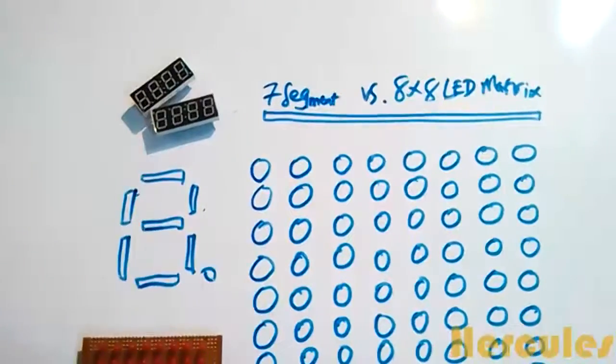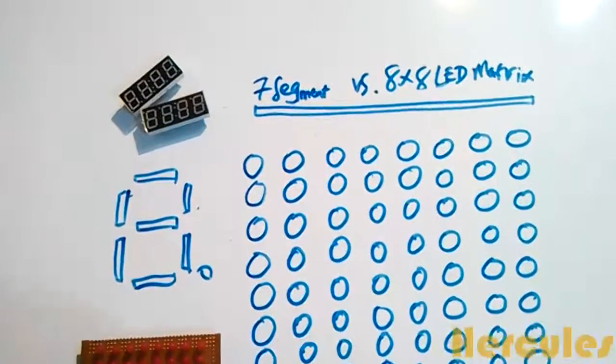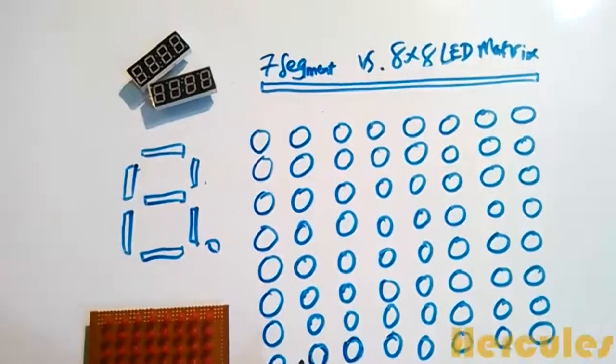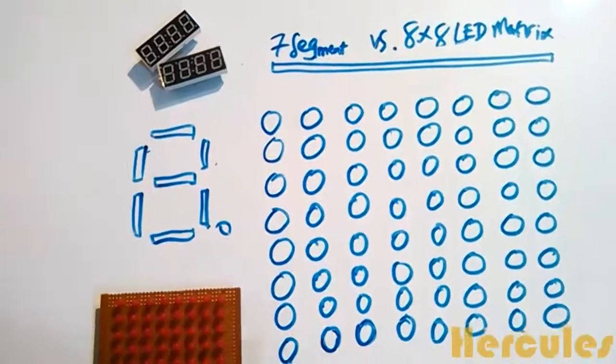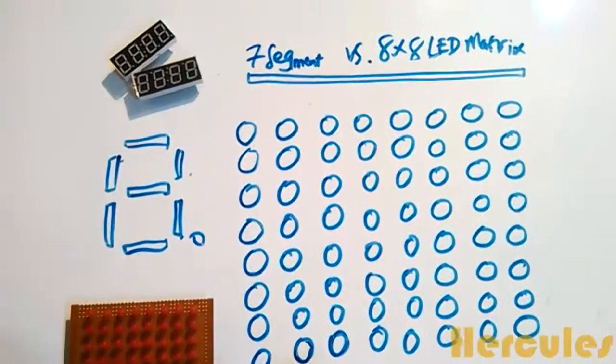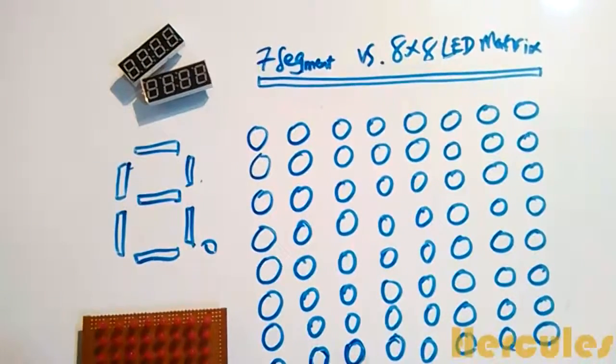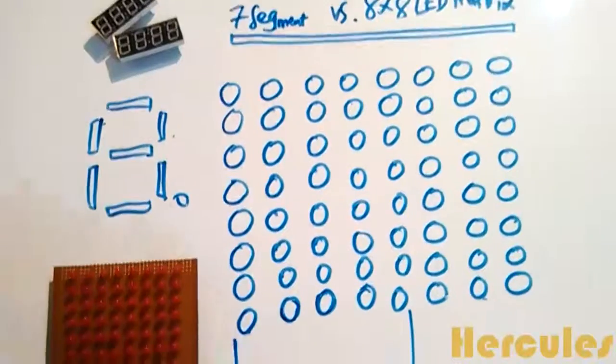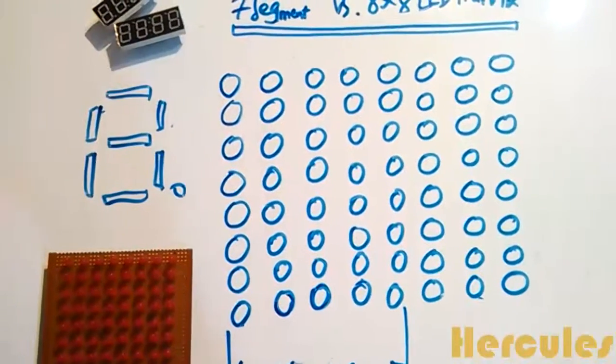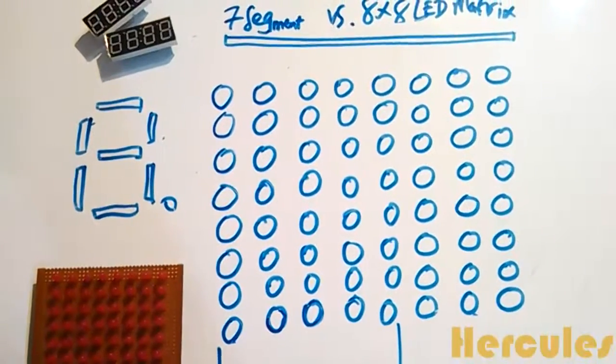Now, compared to an 8x8 LED matrix, more than using a byte, you will need about 5 bytes. 5 bytes would actually be used to represent a single character, and I will just show you with a simple illustration.